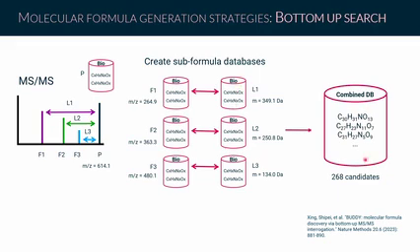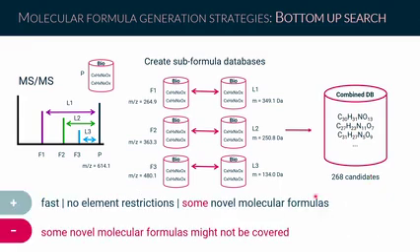This gives us, for our example, 268 candidates, and some of them are novel formulas, but most of them are database formulas. So this tries to combine being fast and at least giving you some novel formulas.